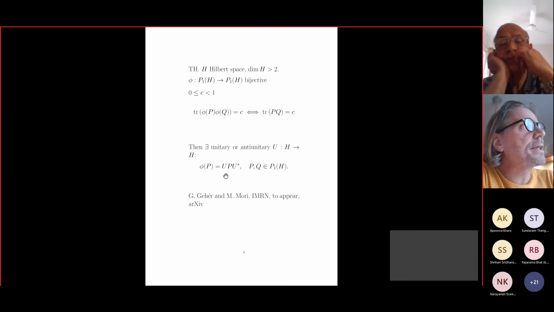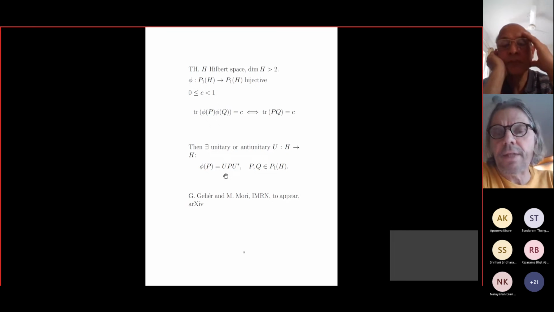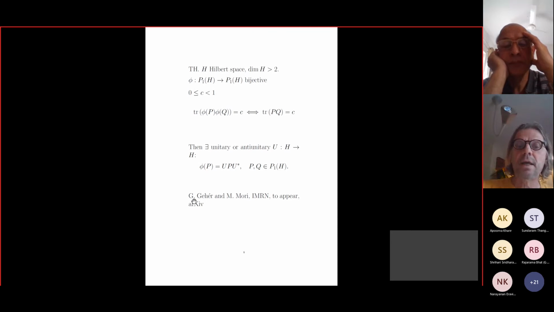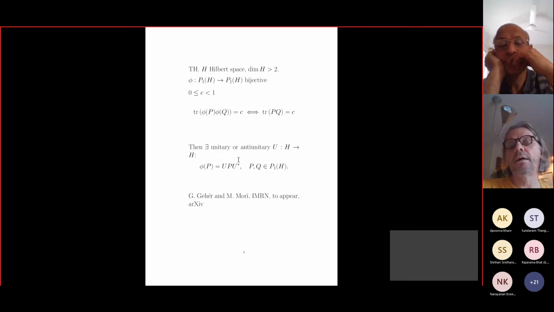The study was initiated by Chi-Kwong Li, Lucijan Plevnik, and myself quite some time ago, maybe some 10 years ago. Then a substantial step forward was made by Georgi Gehér, and then Georgi Gehér and Michiya Mori together published the final solution.